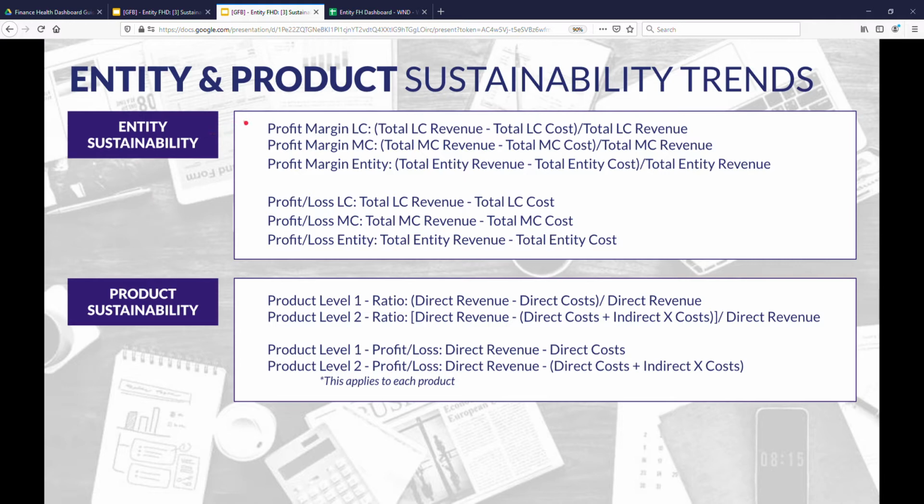Entity is the only one that is relatively different, because entity sustainability is based mainly on the profits of LC, MC and entity, so total revenue minus total cost.